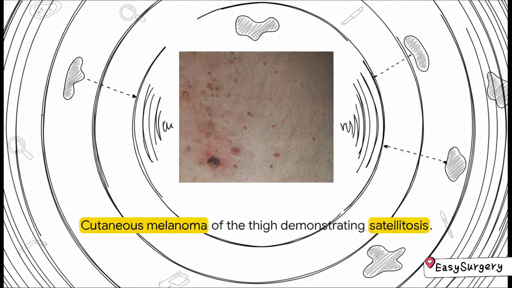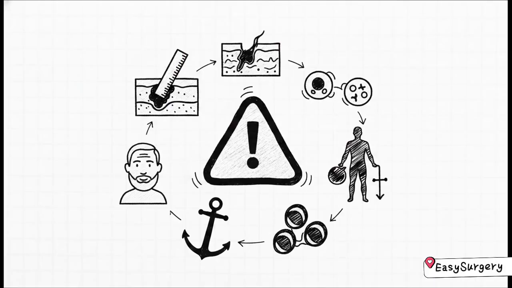Take a close look at this presentation on the thigh demonstrating satellitosis. The presence of these in-transit metastases and satellite lesions immediately signifies a dire prognosis. It's a massive red flag indicating a huge risk for both local recurrence and distant spread. Beyond just Breslow depth, you need to quickly identify other independent negative prognostic factors.